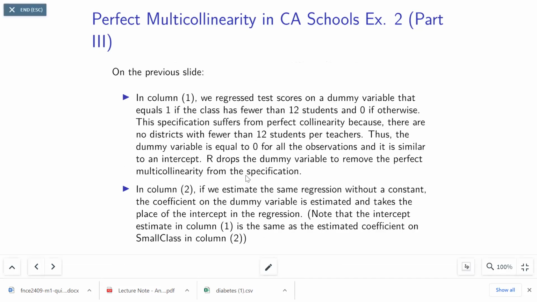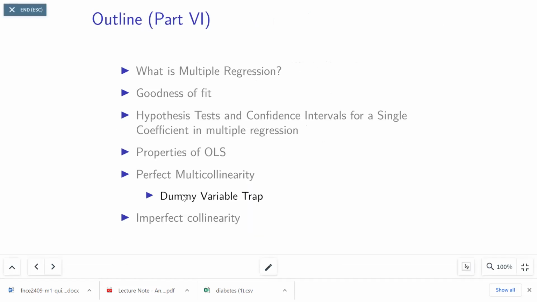This slide summarizes what I just said in the previous slide. So far, we have covered 2 different sources of perfect multicollinearity. The first case is when the regressors are perfectly collinear with each other.